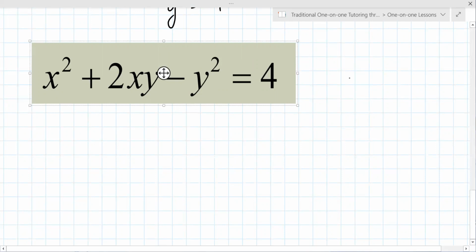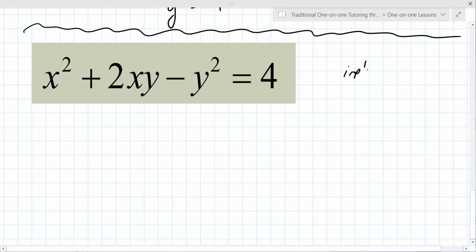So whenever you see x's and y's together, you're going to do an implicit derivative here. Do this. So let's.